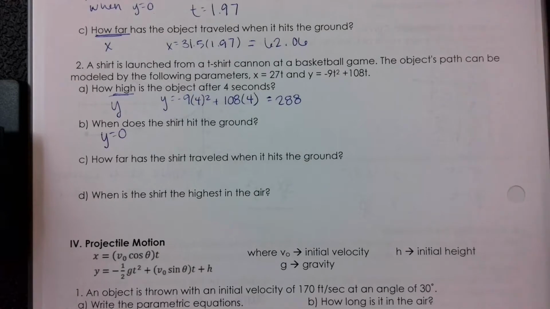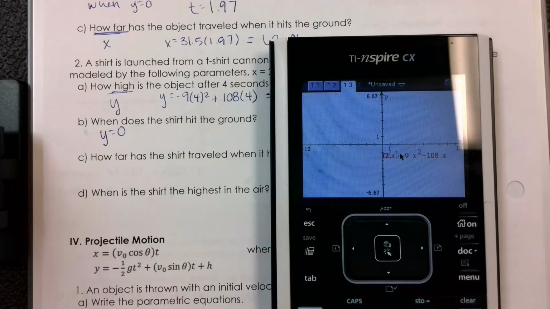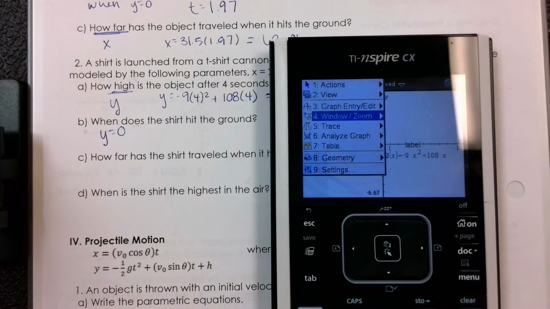Do we need to review how to do that? When you put it in, it's going to go in a straight line, so zoom out. When you graph it, you get this, which is not helpful because we can't see when you hit the ground. Do you agree? So you've got a couple options. You can zoom fit, or you can zoom out.